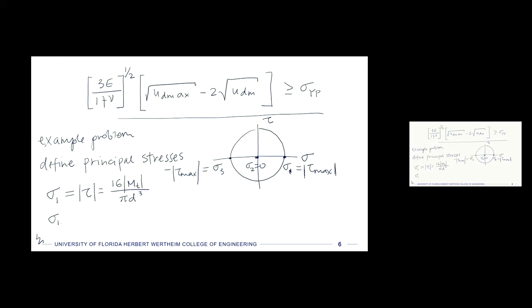So sigma 1 max is going to be equal to just tau max. Sigma 1 mean, or 1m, we'll call it, is going to be 1/2 of that.